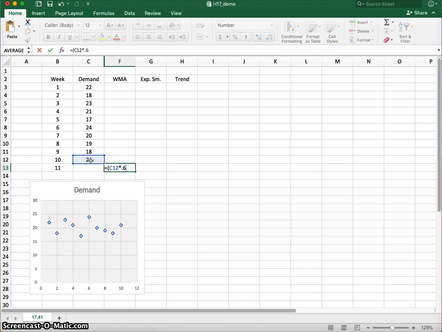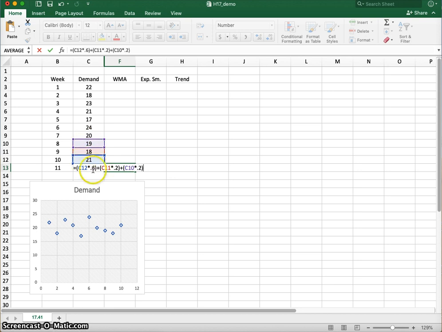So 60% of the average will be from period 10, okay? Plus period 9 times 0.2 plus period 8 also times 0.2.